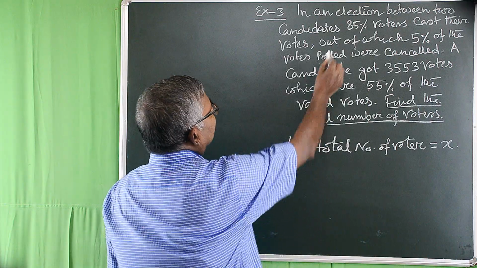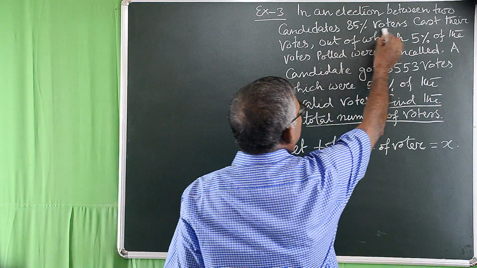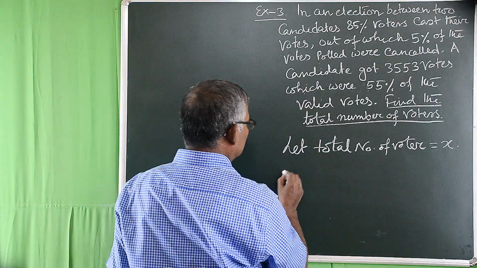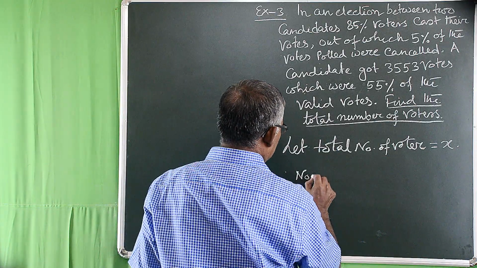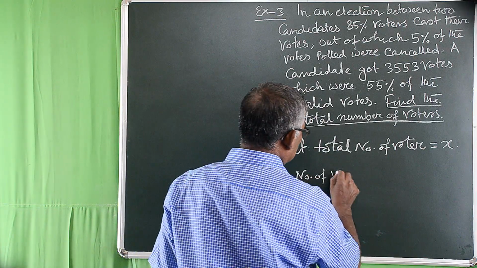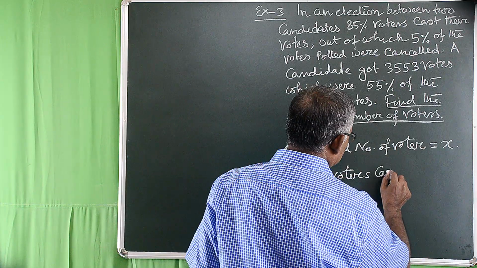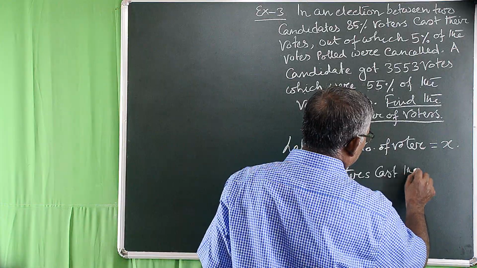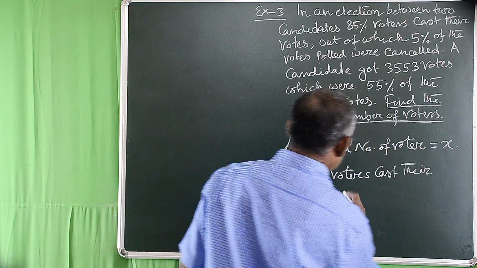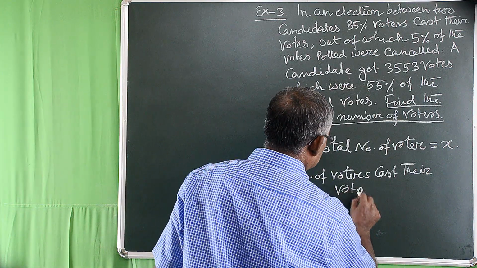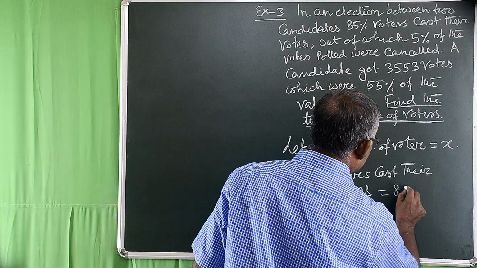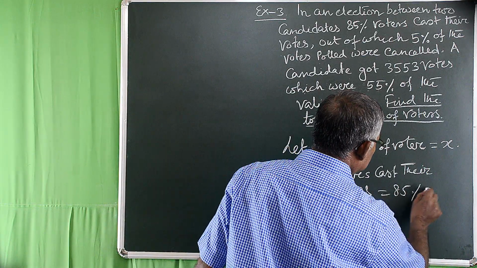Given that 85% voters cast their votes, therefore number of voters cast their votes equal to 85% of x.